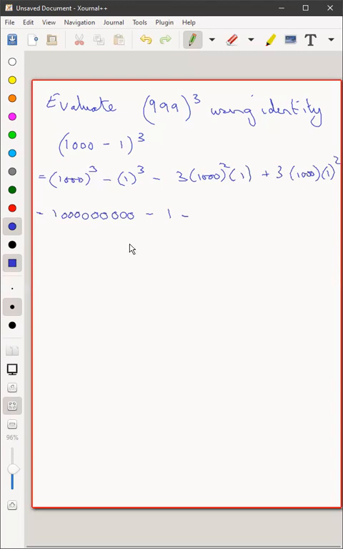Sarah, no. Abhita, that's correct. Minus 1, because 1 cube itself is 1. Minus 3 into 1000 square, which is 3 with 6 zeros, plus 3000. What is that equivalent to?